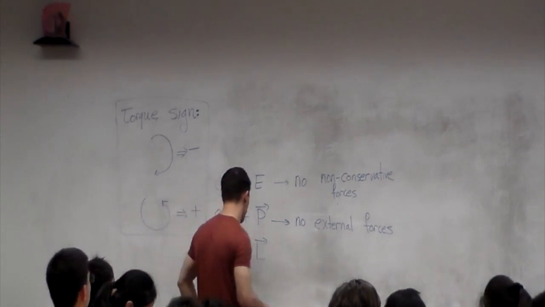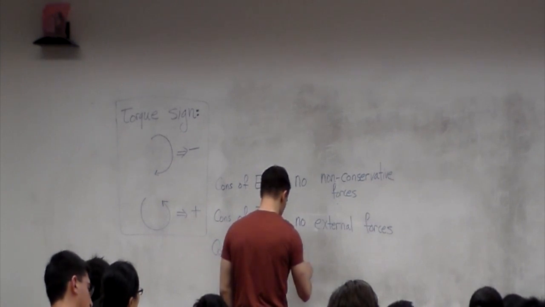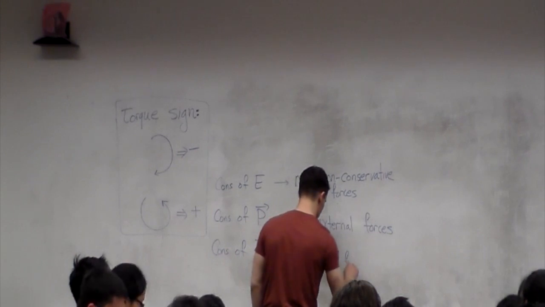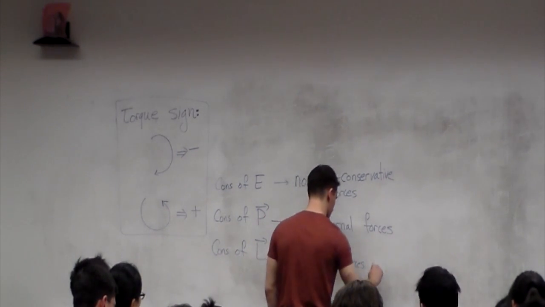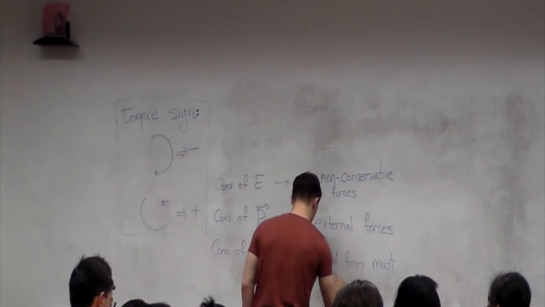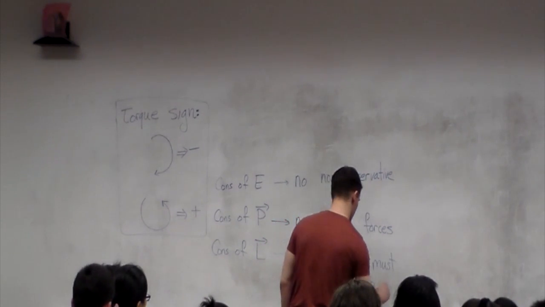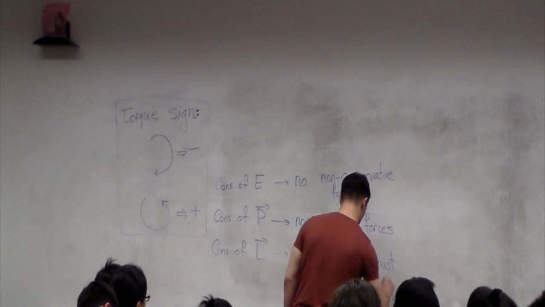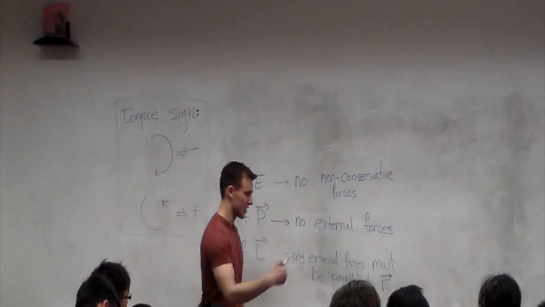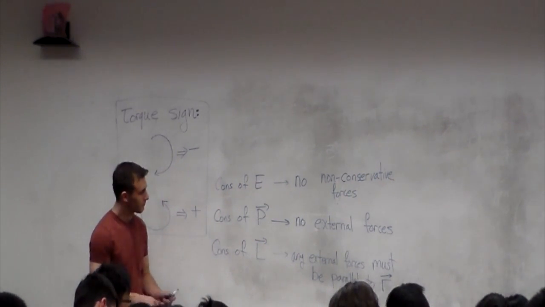Lastly, the conservation of angular momentum says that any external forces must be parallel to r, which is the vector connecting the thing applying force to the thing where the force is applied.